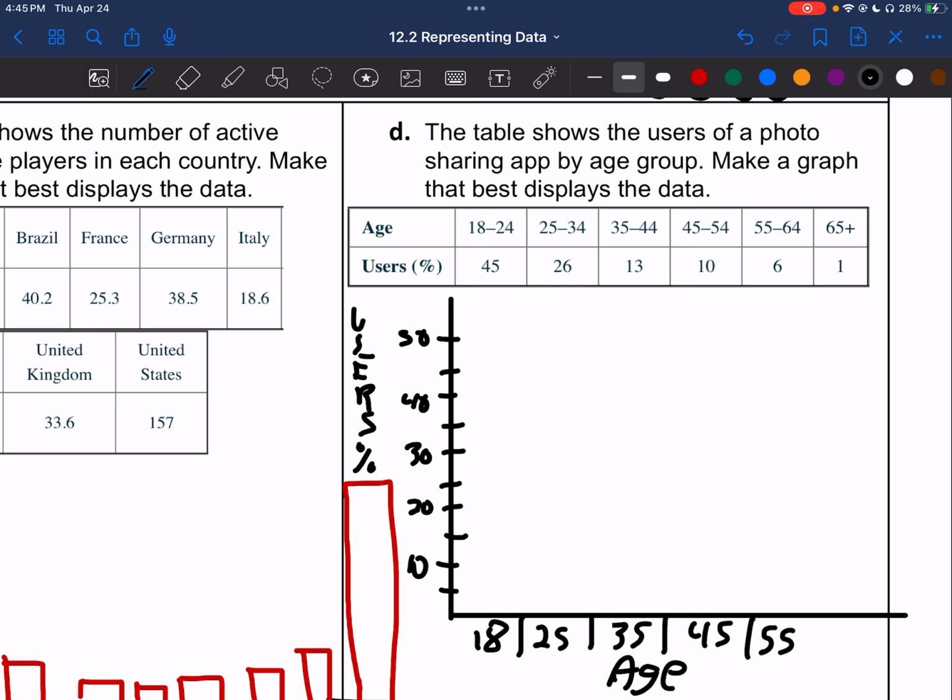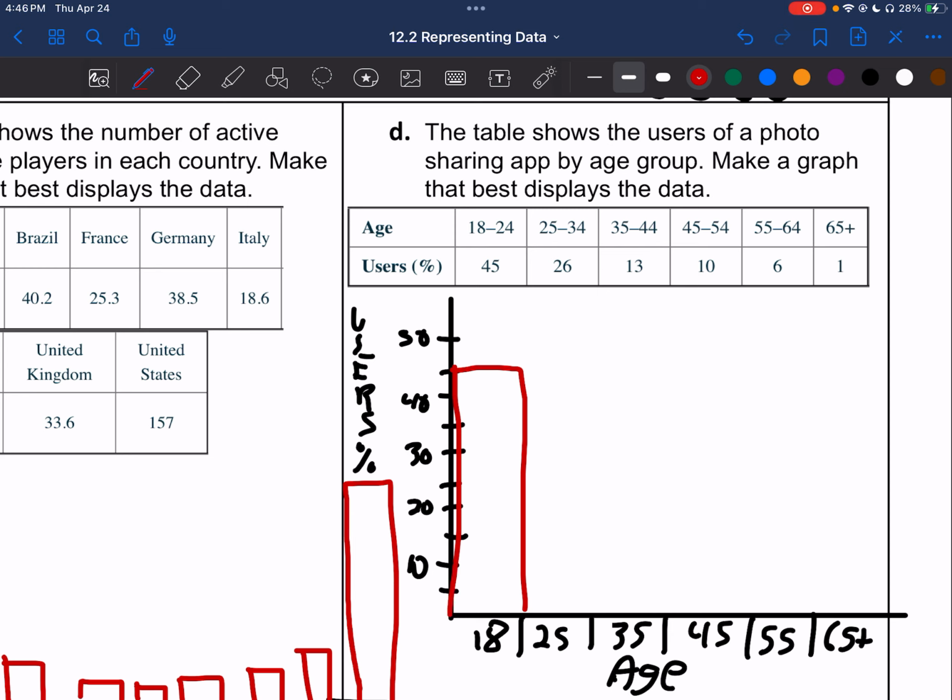You can show the full range, 18 to 24, but I'm just doing this because of the space limitations and to go a little faster with getting through these notes. So 18 to 24-year-olds, 45% of users have a photo sharing app. So we're going to take our line up to 45%. There's our bar.